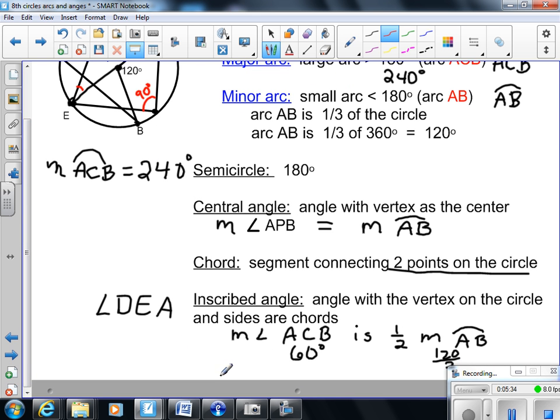So for inscribed angles, the measure of an inscribed angle is half the measure of its corresponding arc.